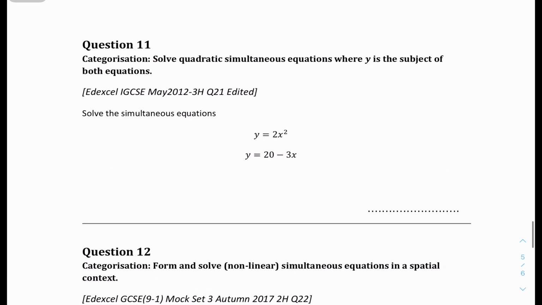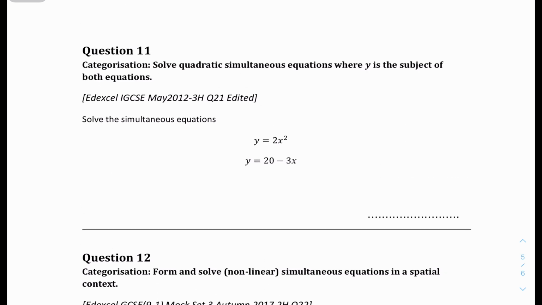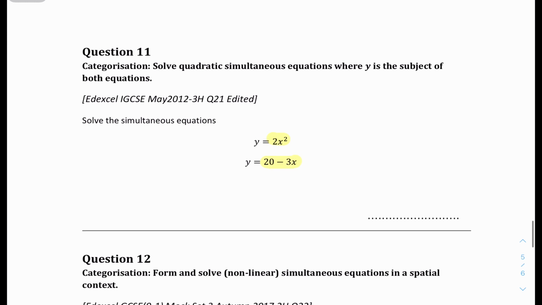And the next question, we have question 11. Solve the simultaneous equation. So we can just equate both sides together, which basically means it's substitution. Since we have y equals this and y equals this, they both have to be equal to each other. So it'll be 2x squared equals 20 minus 3x.